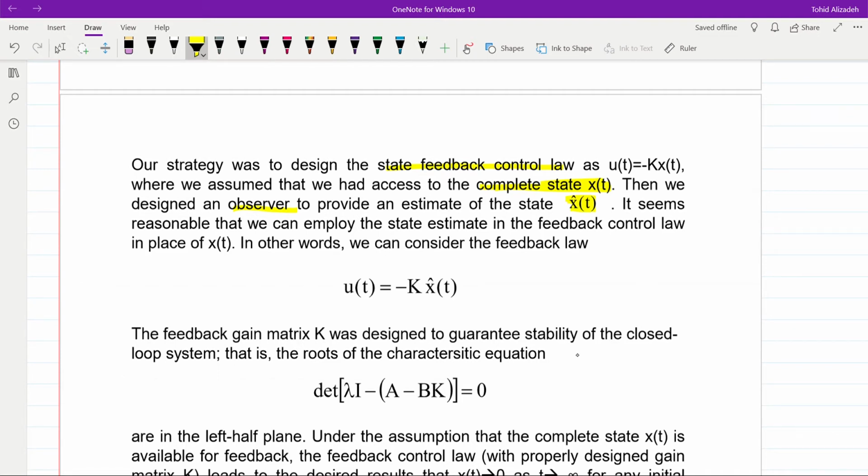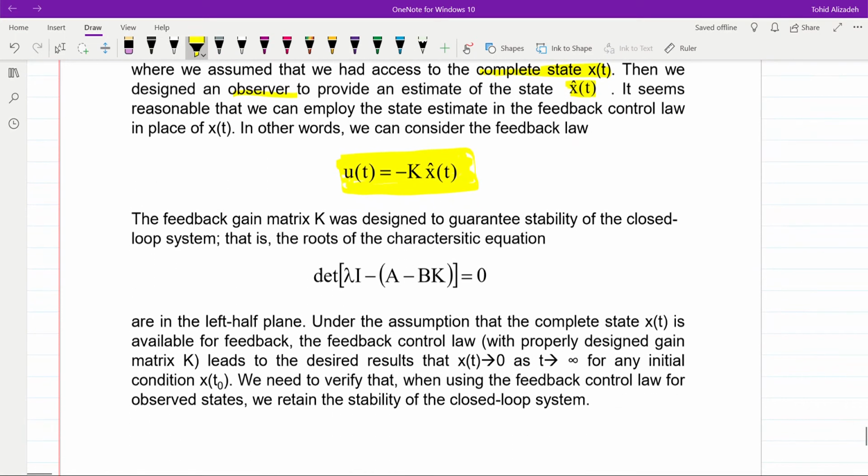So we will have u equal to minus k times x hat. In this case, we won't need indeed to measure the x, the states, and feed them back to our system, but we'll use the estimate of the x. The feedback gain matrix K was designed to guarantee the stability of the closed loop system.